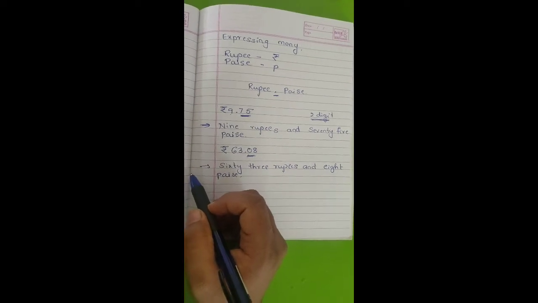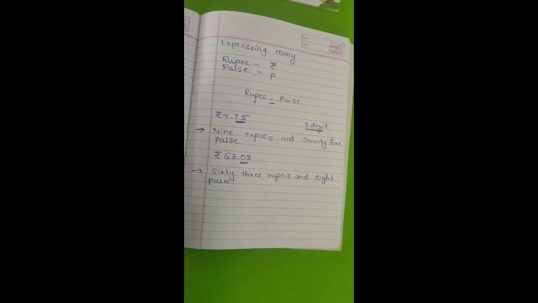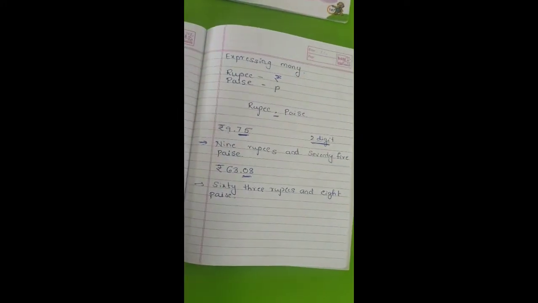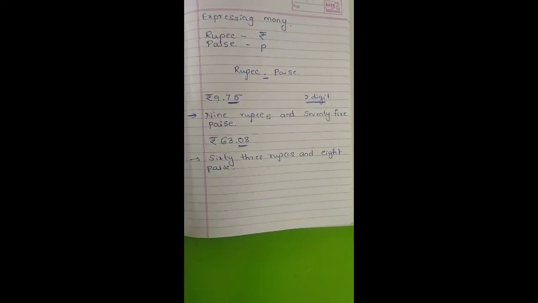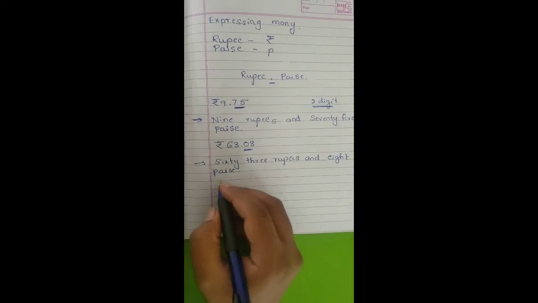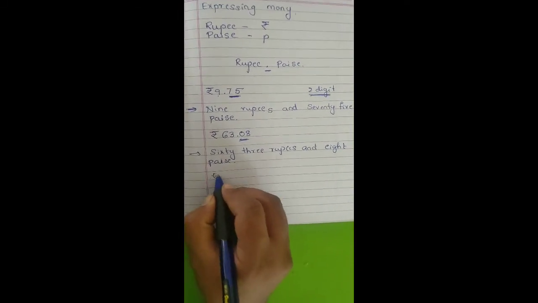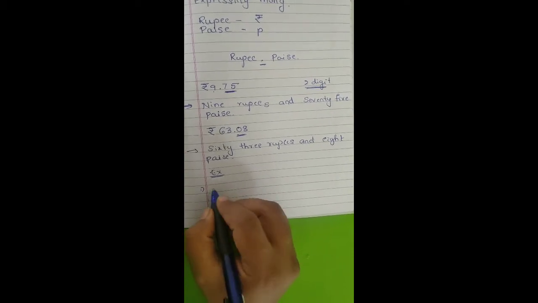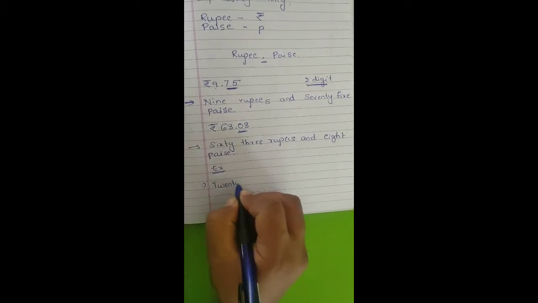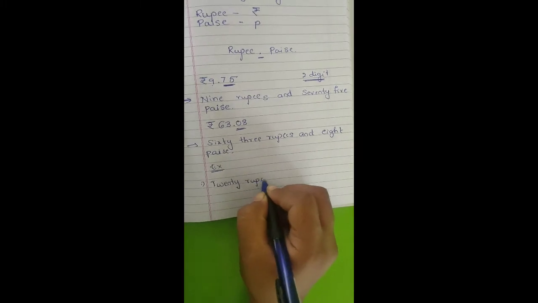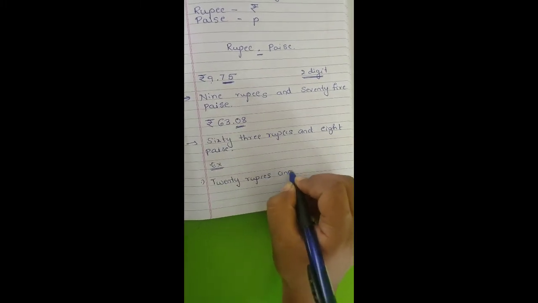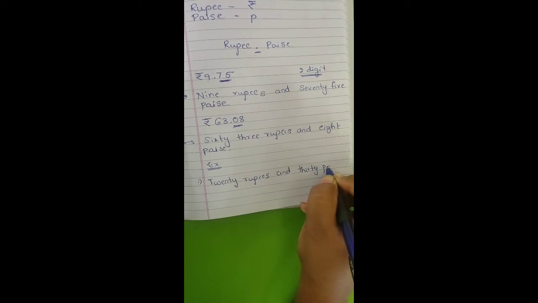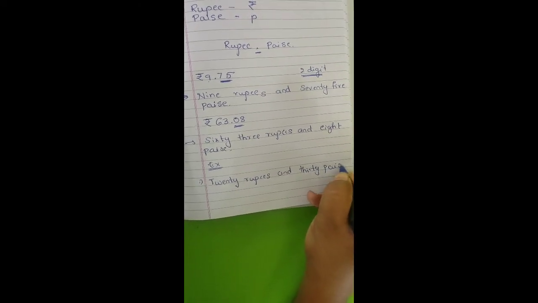Now I will give you amounts, and you have to write them in figures. See an example: 20 rupees and 30 paise.